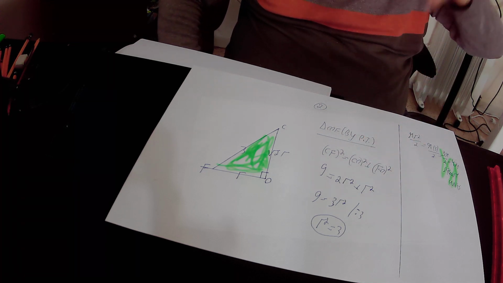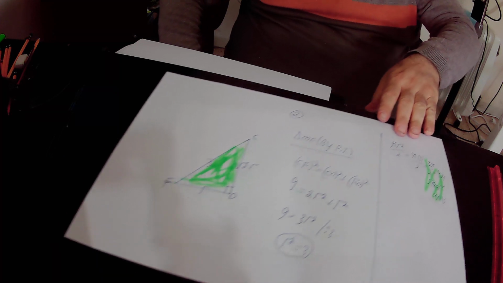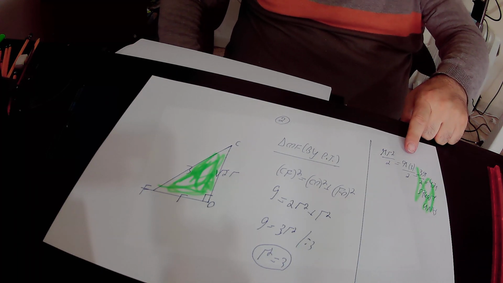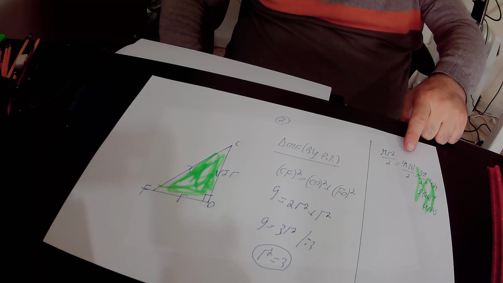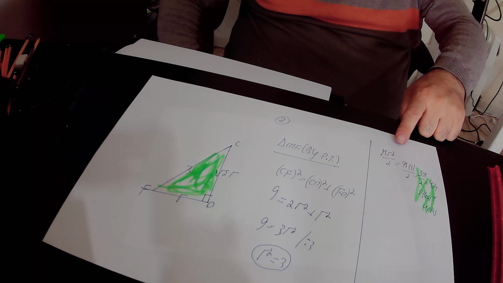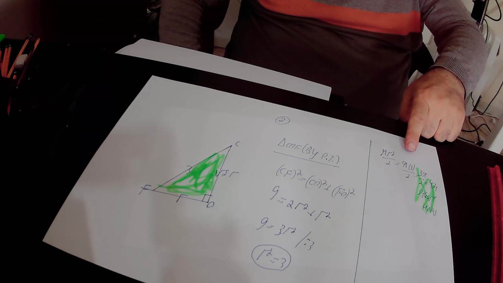So we found out that R square equals 3, and the area of the semicircle equals pi R square over 2. R square is 3, so we substitute R square by 3, and we got that pi R square is 3 pi, all divided by 2.